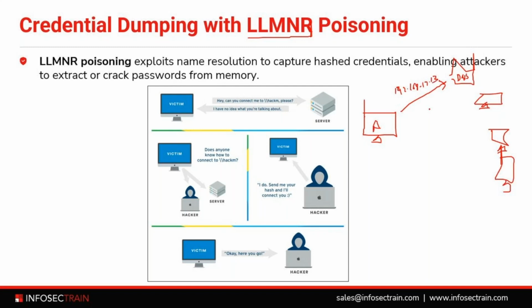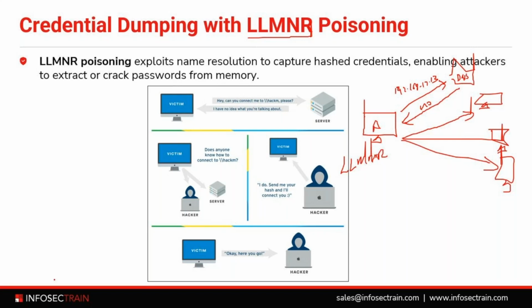Now the DNS replies that it doesn't know where this IP is. Then what will device A do? Device A will send an LLMNR multicast message to all the devices, asking whether anyone knows where 192.168.12.13 is. Then these devices will reply back if they are aware of it, right?